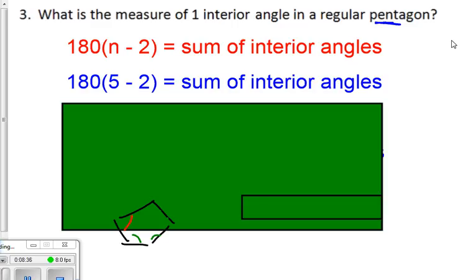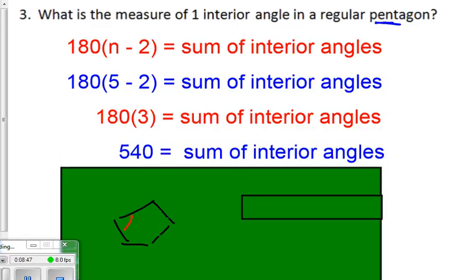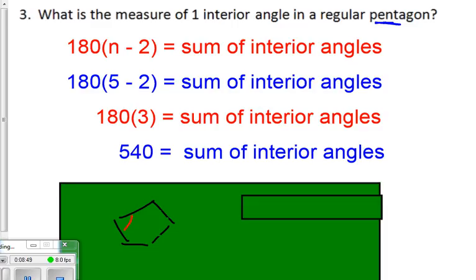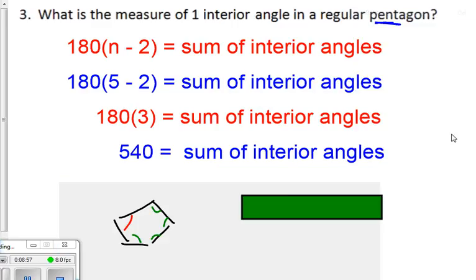So 180 times 5 minus 2 equals the sum of all of those angles. 5 minus 2 is 3, so we have 180 times 3, which is 540. So if I add up all of the angles in this pentagon, it's going to be 540.